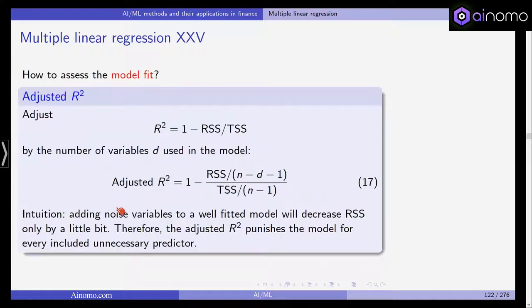Okay, so now, how do we assess the overall model fit? We've already seen the adjusted R-squared. The idea here is that if you remember the R-squared from the simple linear regression, by including more variables, the R-squared can only go up. So in order to prevent overfitting, we need to punish our model for excessively using variables.